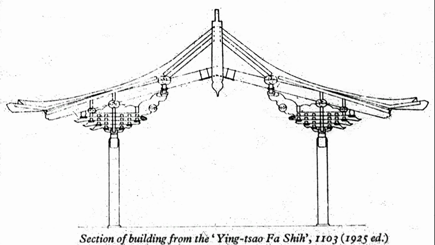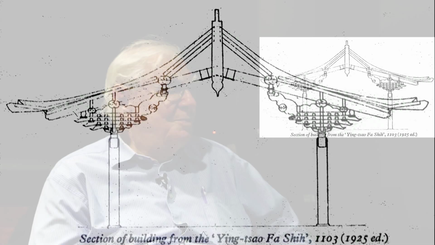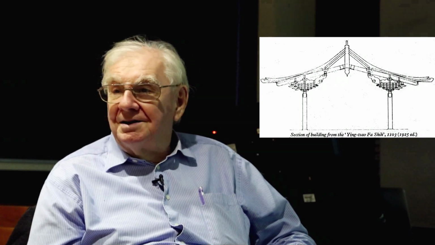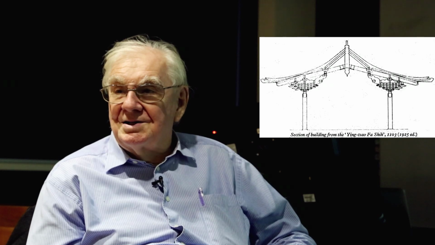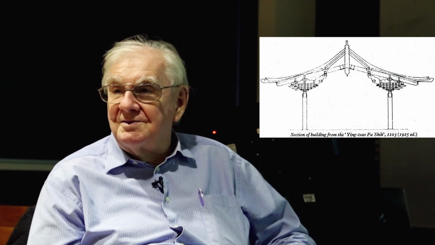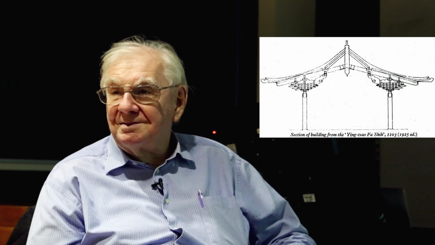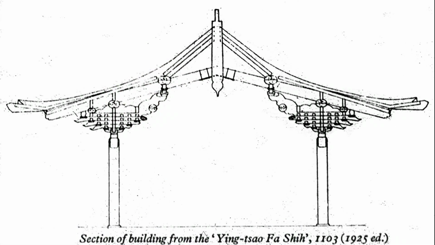This is from a Chinese manual of building published in print in 1103 AD, pointing out that Chinese were using printing 400 to 500 years before the Western world was. And so this Chinese manual is producing an ideal building which has only 2 rows of columns, supporting a very heavy tiled roof using the bracketing system. And again, the beginnings of triangulation coming in.